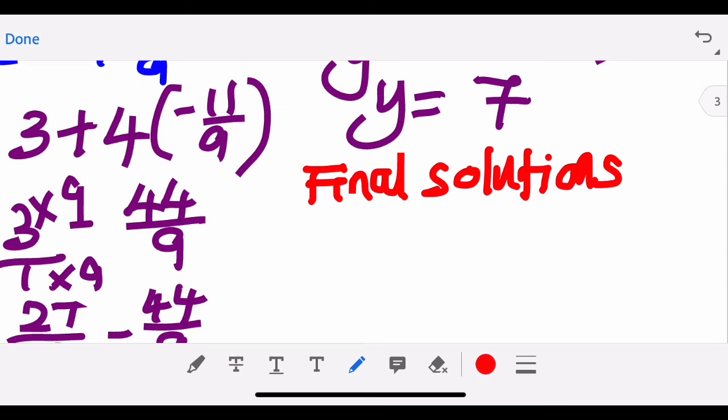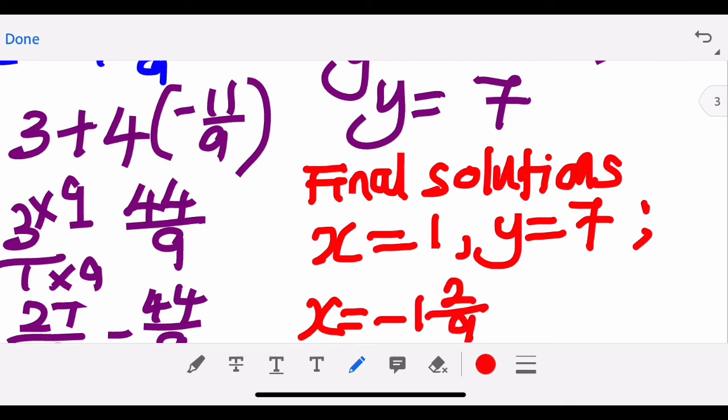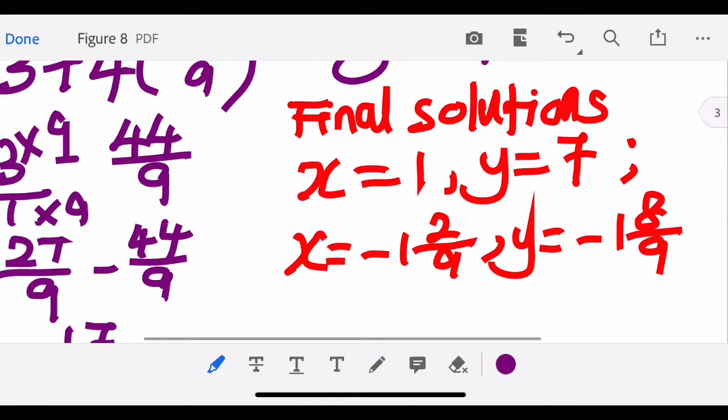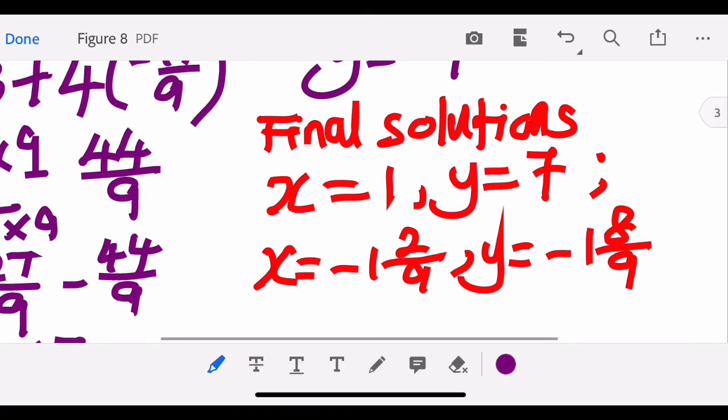It's good for you to try to list out all the answers so that you are aware that you are finding 4 solutions. Alright, so x is 1, y is 7, because sometimes you tend to forget your y. Alright, so when x is negative 1 2 over 9, then the y will be negative 1 8 over 9. So these are the 4 solutions for the simultaneous equation.